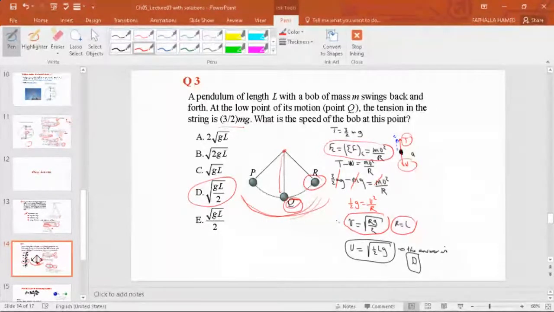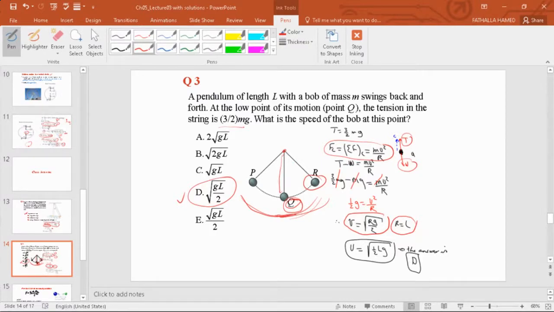But they gave you one case. So the tension here is not going to always equal this value. You have to remember that. It's going to be different because the speeds will be different here. So that's one thing that you have to keep in mind. But they gave you 1 point.